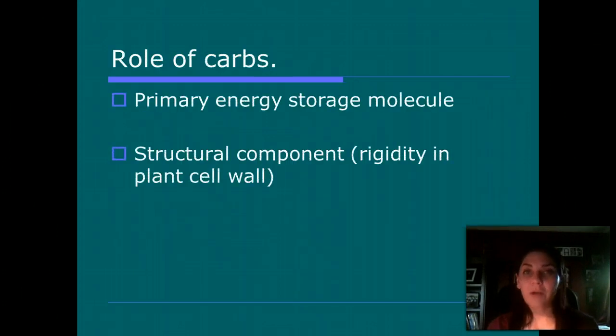So the role of carbohydrates in people, like I was just saying, the primary source is for our energy storage, and that's short-term energy. So if I was to go for a really quick run, that's what I'm going to be using up first, all of my carbohydrates. After that, I'm going to dip into my fat reserves, and I'll be using and burning up my fat, or lipids.